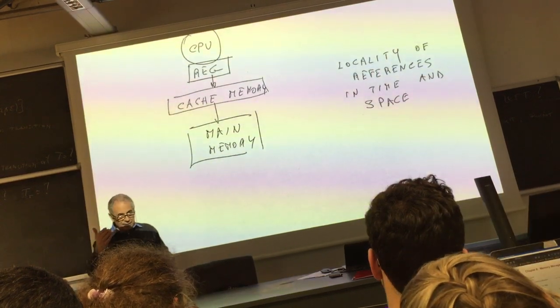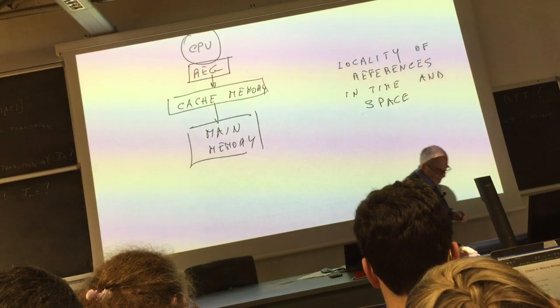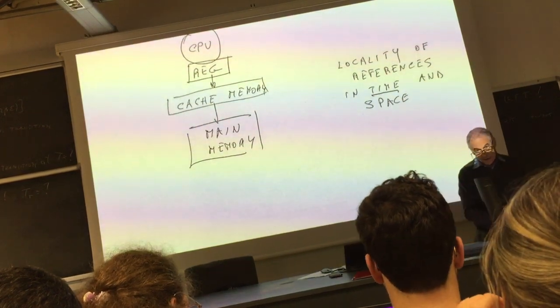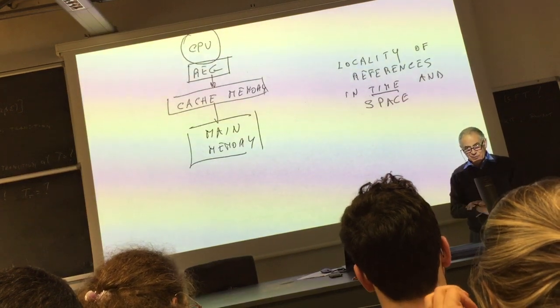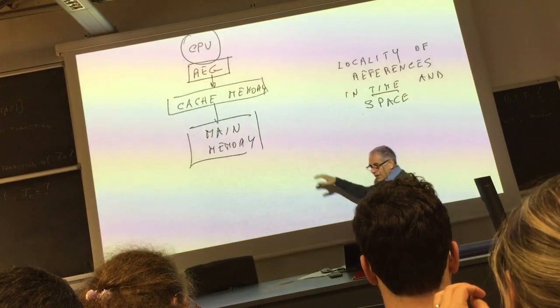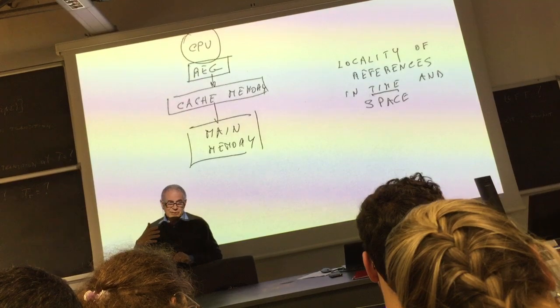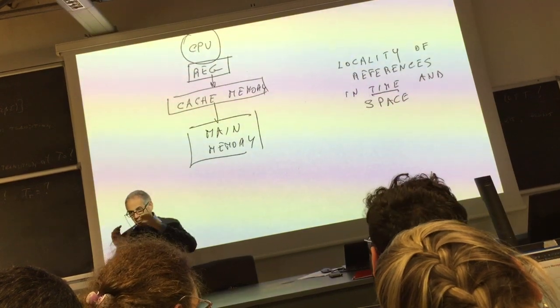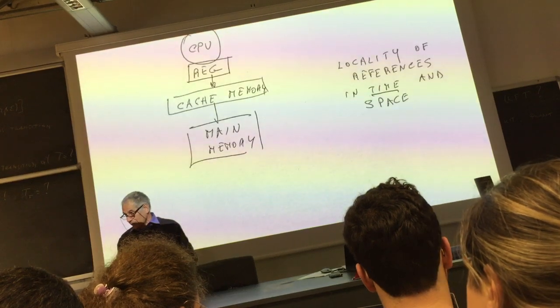So there will be locality in time, because the program counter goes linearly on or with loops, and in space, because you typically process data structures that are stored contiguously in memory.